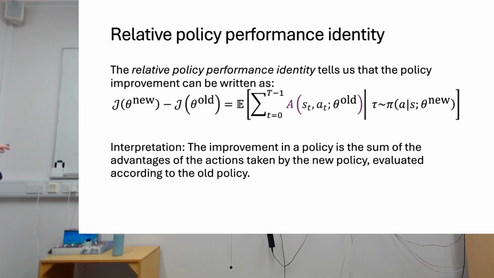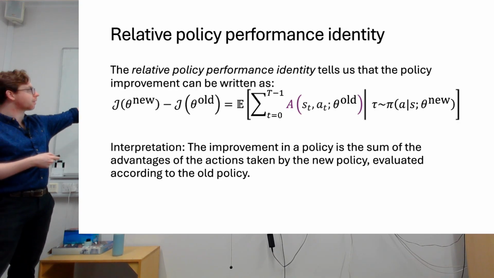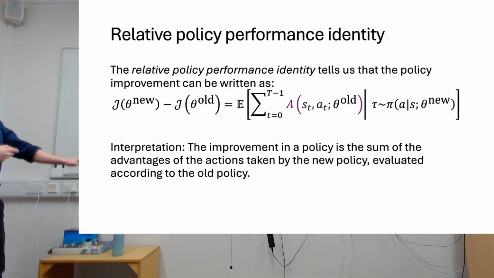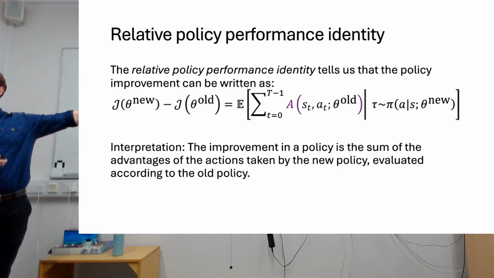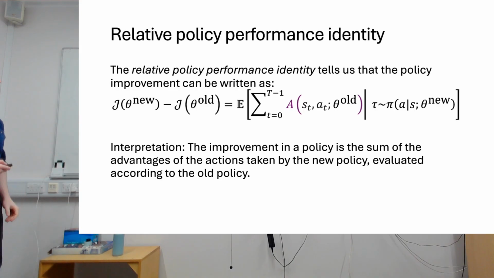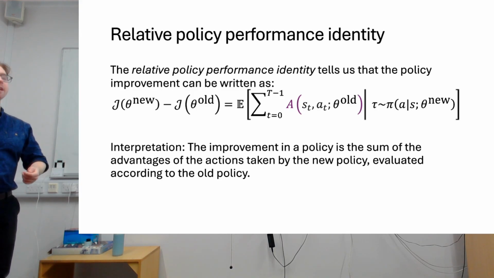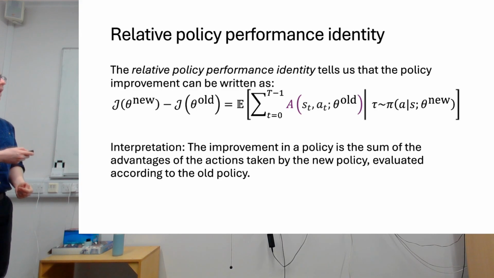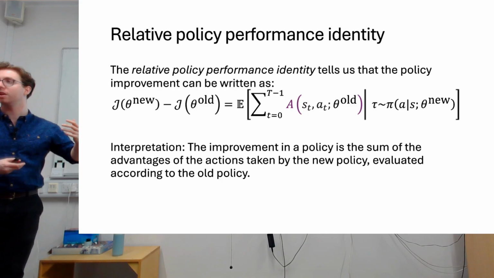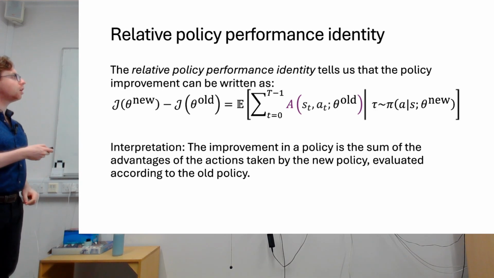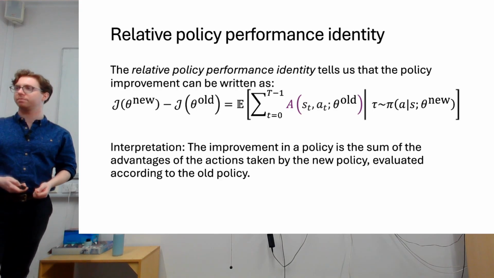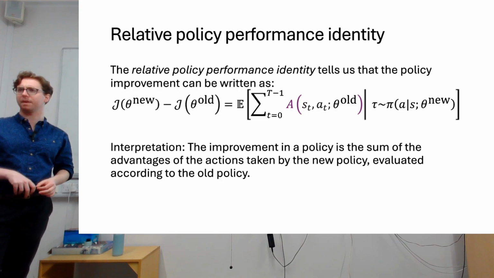When it's written this way around, J theta nu minus J theta old, the way to interpret J theta old is as a baseline that I'm measuring my performance relative to. And this also comes into the advantages, where my advantage function asks how much better is an action that was sampled relative to a baseline, where my baseline is defined according to theta old. So I think this is the intuition: because theta old acts as the baseline, it makes sense that it defines the advantages. Any other questions about this?